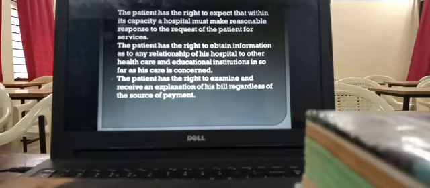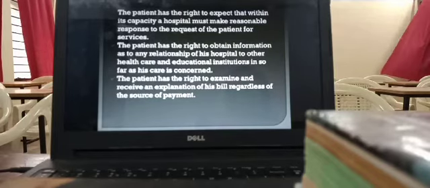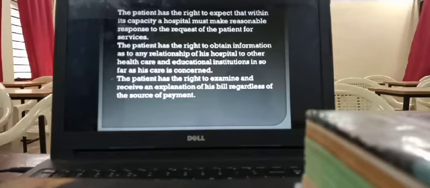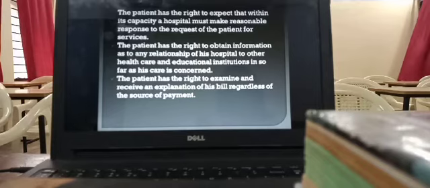The patient has the right to obtain information as to any relationship of his hospital to other healthcare and educational institutions insofar as his care is concerned. Sometimes the patient may want to stop the treatment here and continue treatment in a different hospital.